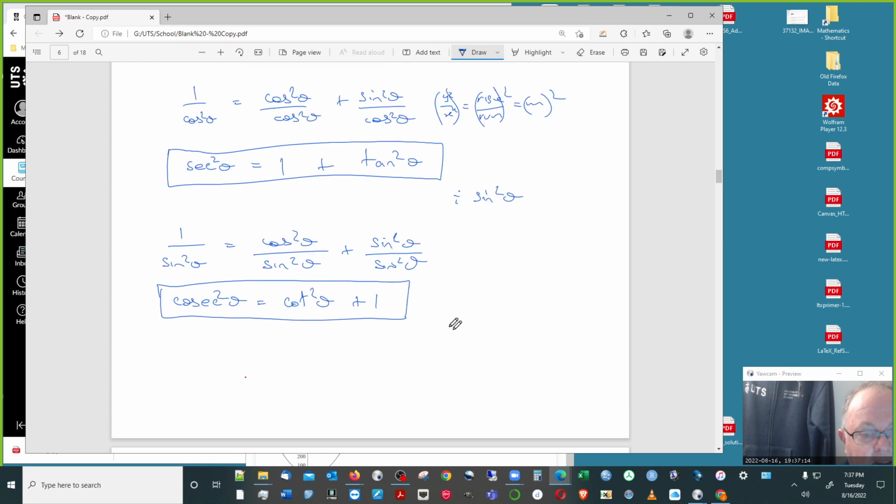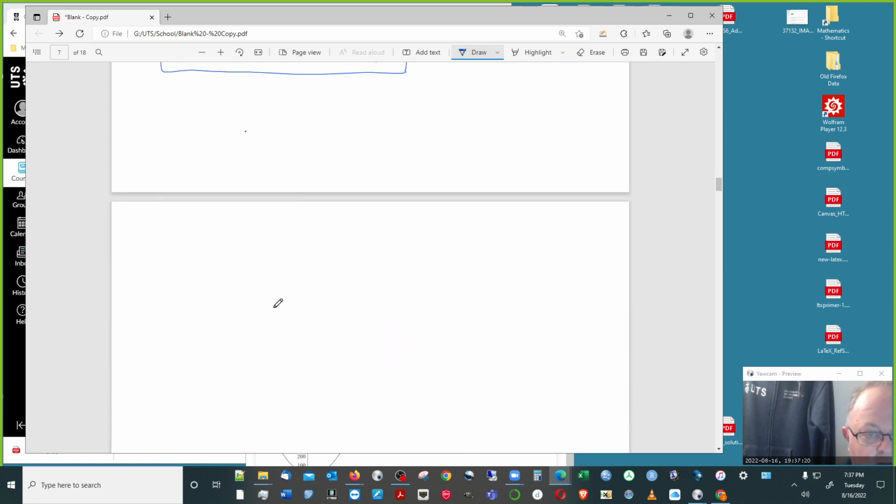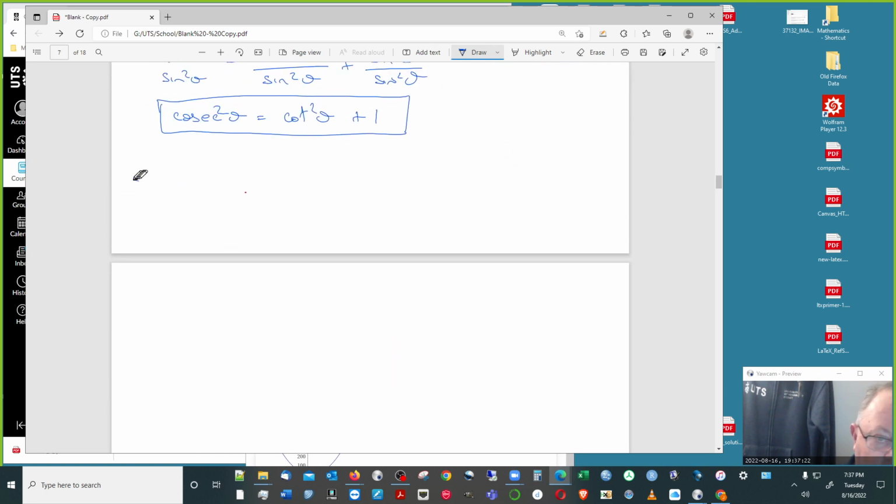Now we've got a couple of ideas that I've used: proportion, association, and the final one is plus minus. So we're ready to do some three unit maths. So if we've got association, we've got proportion, and we've got plus minus, for want of a better turn of phrase.